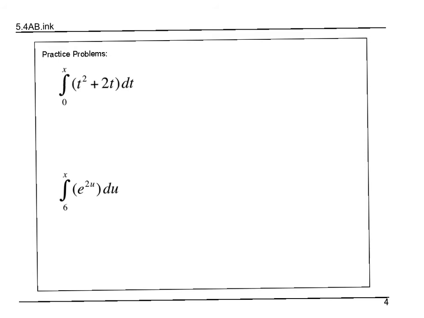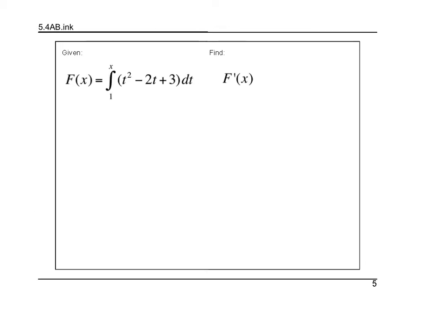I'll leave both of these for you to try on your own, and then I want to investigate this next example together.